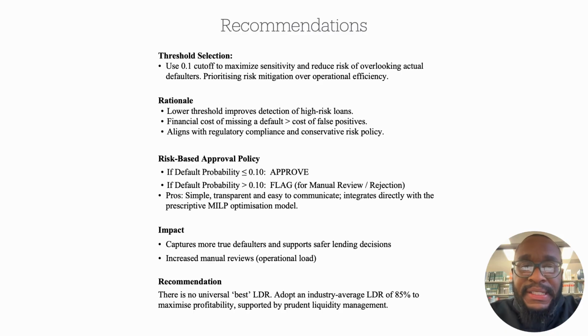The pros of this is that it's simple, transparent, easy to communicate, and integrates directly with our prescriptive optimization model. The impact of this for the business is that it's going to capture more true defaulters, and it will support safer lending decisions. Although it would increase operational load due to the fact that manual reviews would be increased.